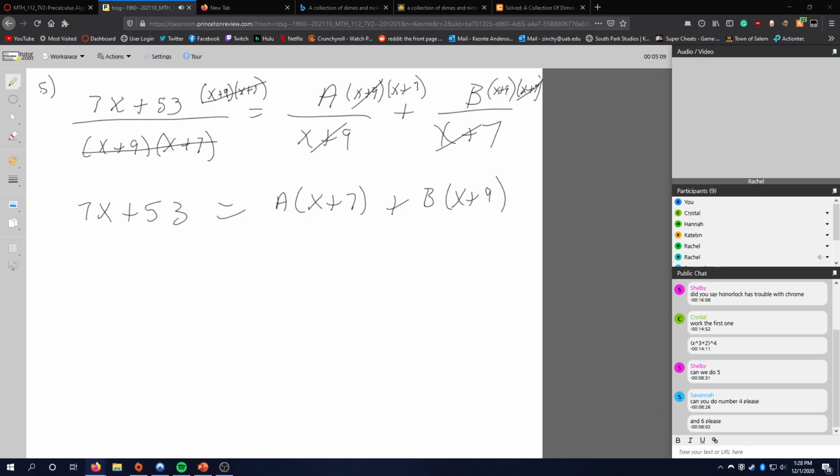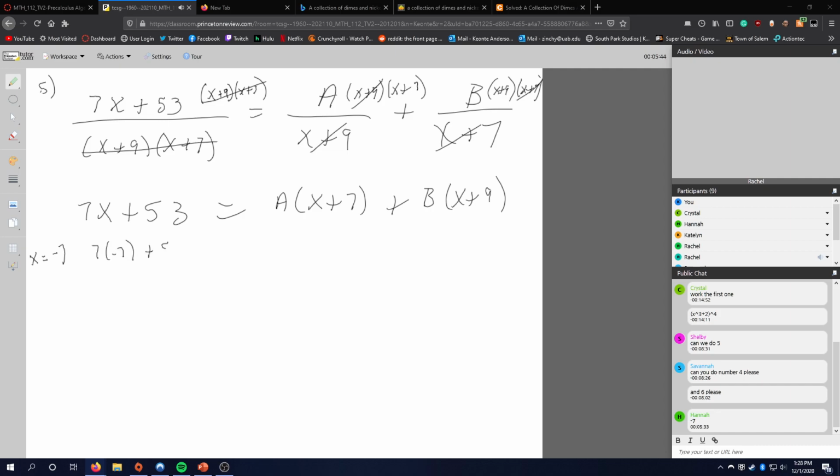Now I want to let x be something that's going to make the A term or the B term go to 0. What would make the A term go to 0? -7 plus 7. So I want to let x equal -7 first.